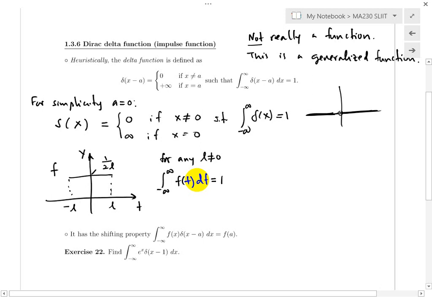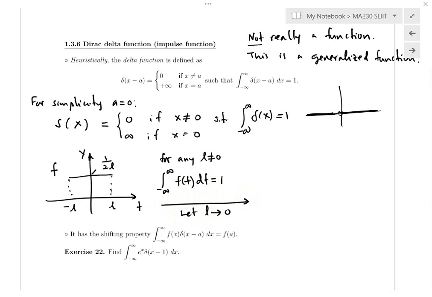Then what we are going to do is make this L very small. So we let L approach 0.